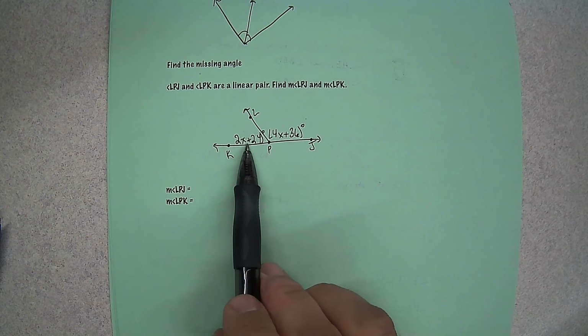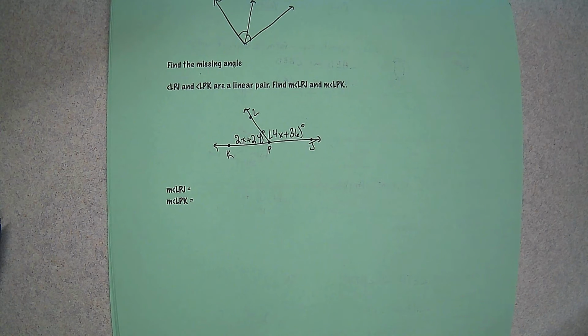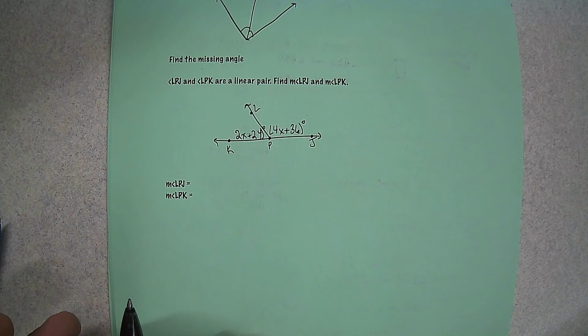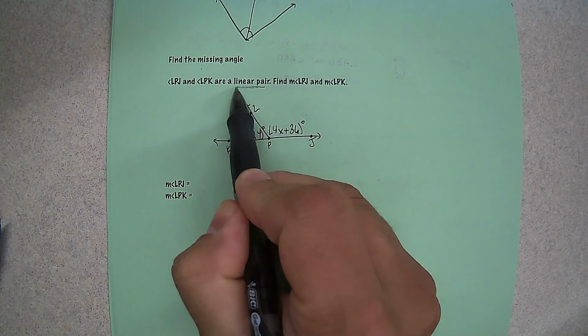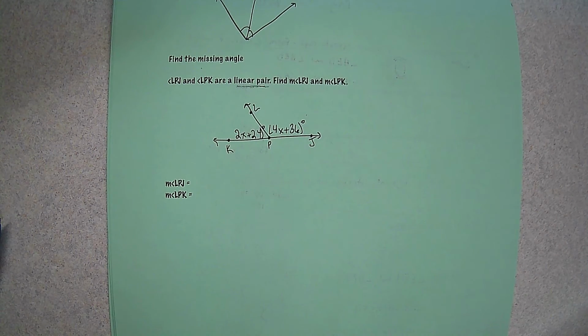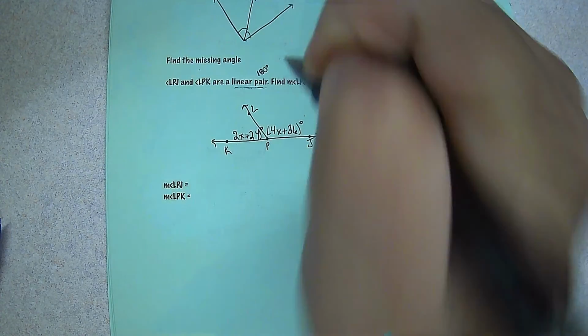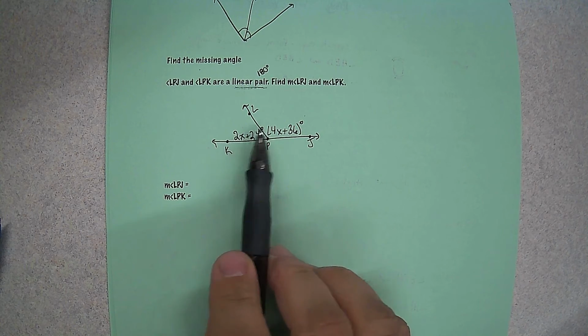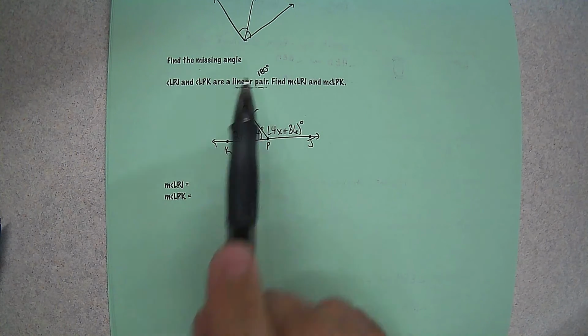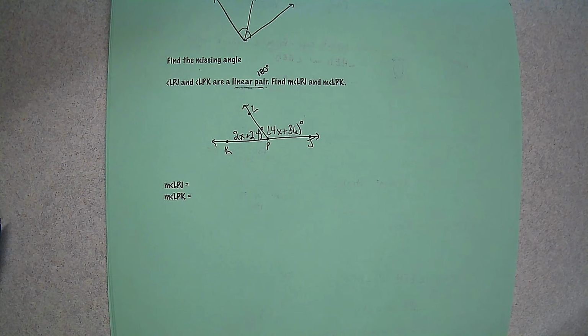But all I see are expressions here. I don't see any angle measures. But if I think about it, we do, because we have a linear pair. And if we look back, we know that a linear pair adds up to 180 degrees. So that means that these two angles are going to add up to 180 degrees.